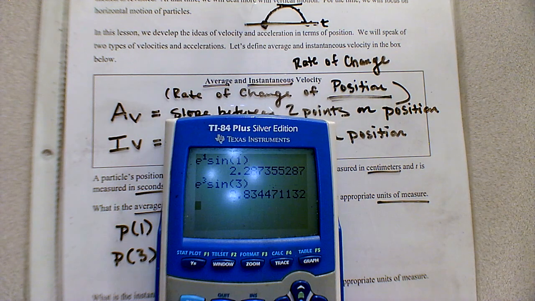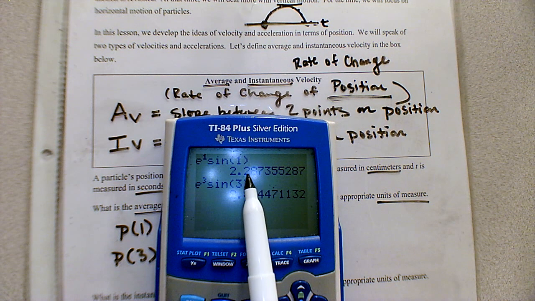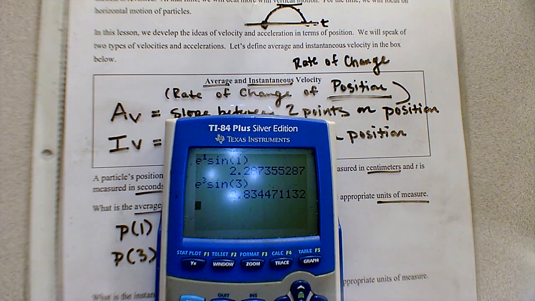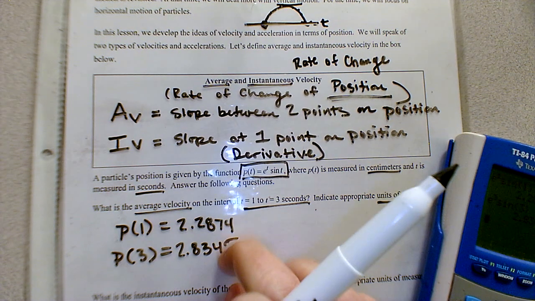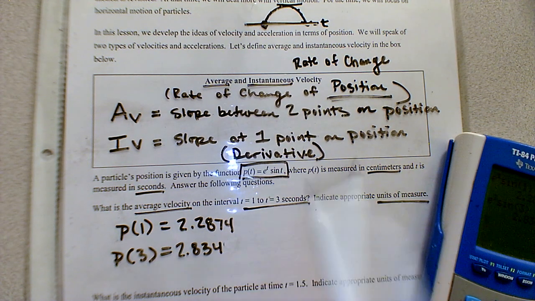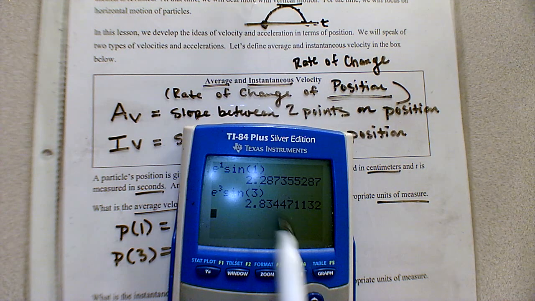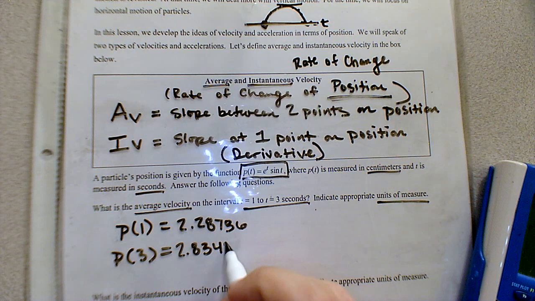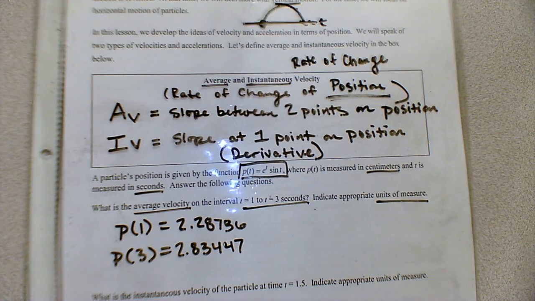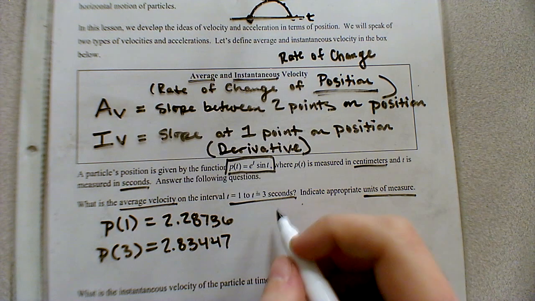I guess technically we should go out one more decimal because this is not our final answer. We should only be rounding our final answer to 4 decimal places. So I'll do 2.8736. And then this one I'll do 2.83447. All right, so we need the slope between those 2 points.